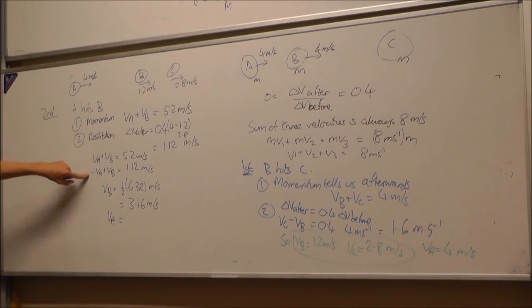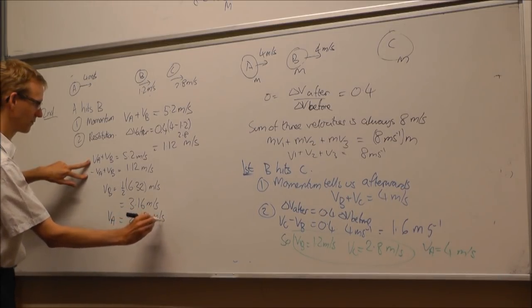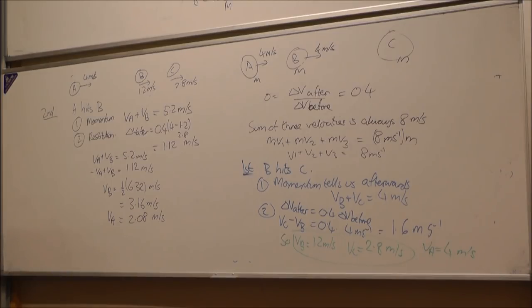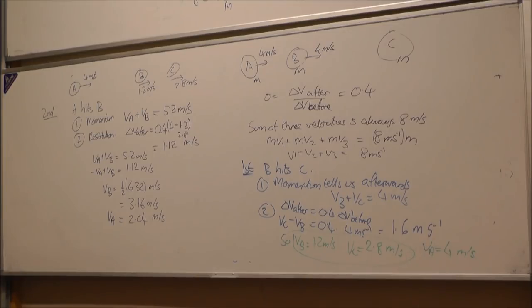That one minus that, divided by 2, gives me VA, so that's 4.08 divided by 2, which is 2.04 meters per second. Checking: 5.20 and 1.12 difference. Yeah.